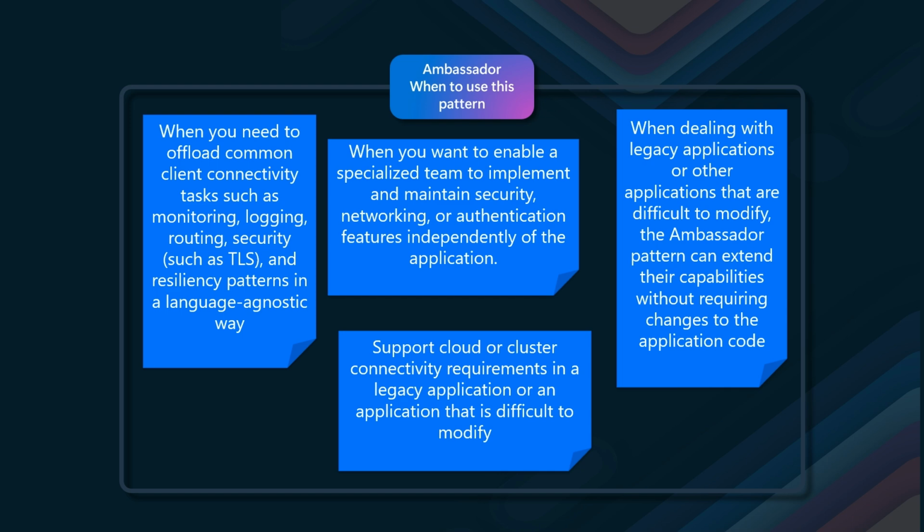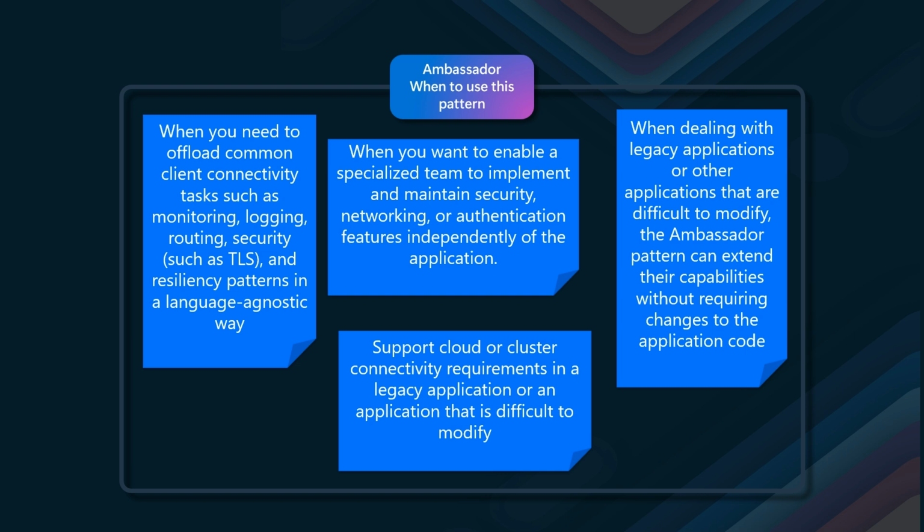Resilient cloud-based applications. So when building resilient cloud-based applications that require features such as circuit breaking, routing, metering and monitoring, and the ability to make network-related configuration updates, the ambassador pattern can facilitate these features without modifying the existing code base.